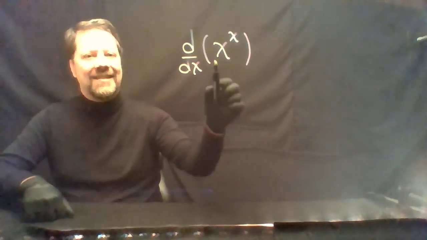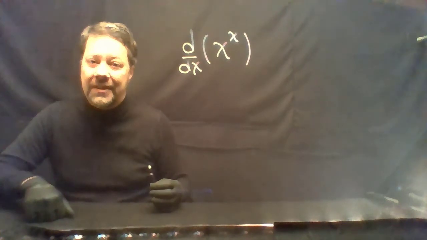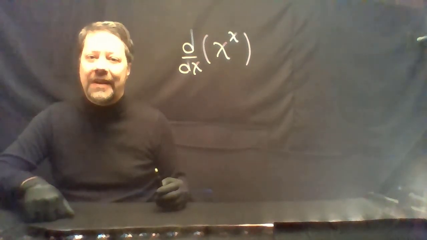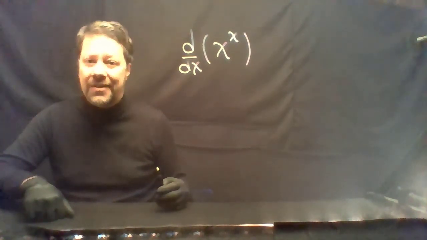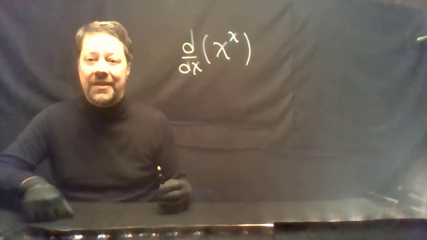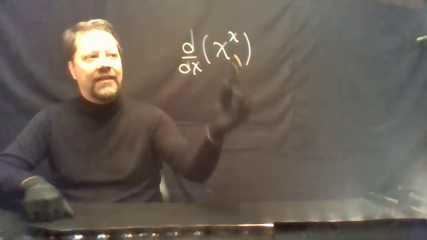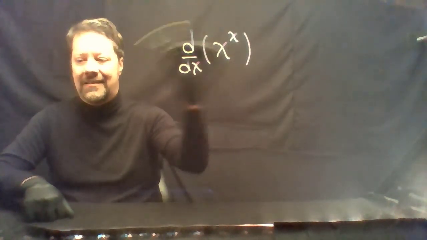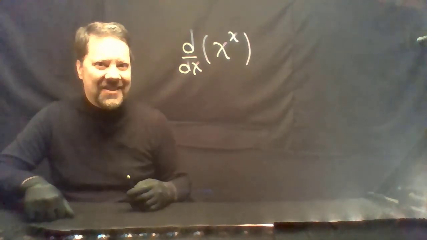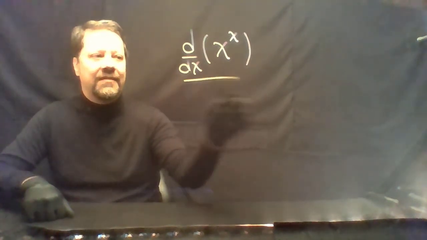If this were a constant to the power of x, it would be an exponential function, and we know rules for calculating derivatives of exponential functions. But once again, this is not an exponential function. We're going to have to devise a way of bringing the exponent x down. That sounds like a job for logarithmic differentiation.